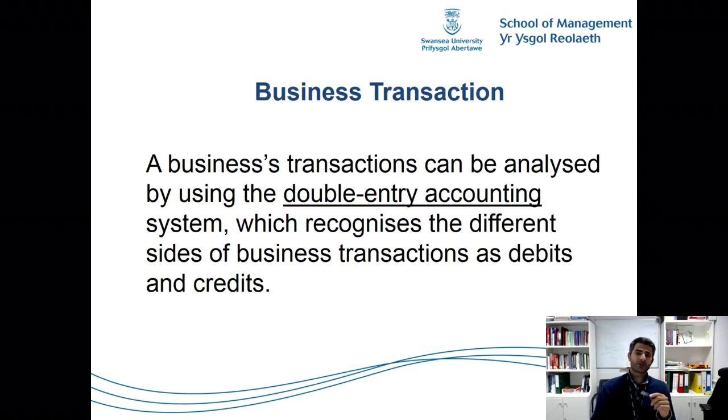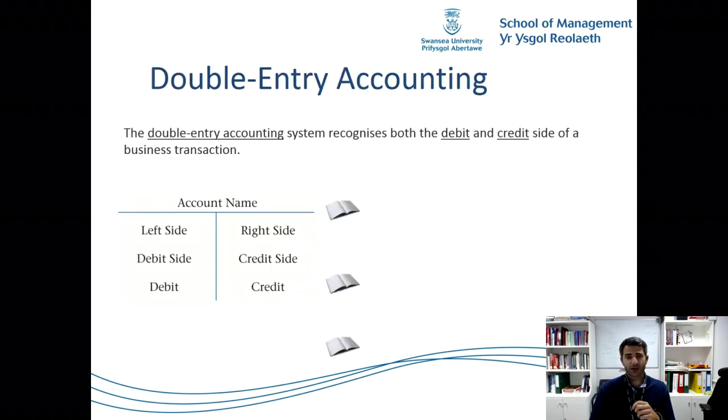So now remember, yes, Tesco's cash goes up and Tesco's sales goes up. Great. But now the question is, how can you record this transaction? What is the way to record this transaction? This is why we use something called the double entry accounting system, which recognizes the different sides of the business transaction as debits and credits. Let's have a look.